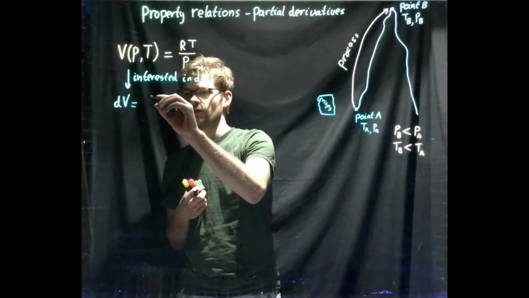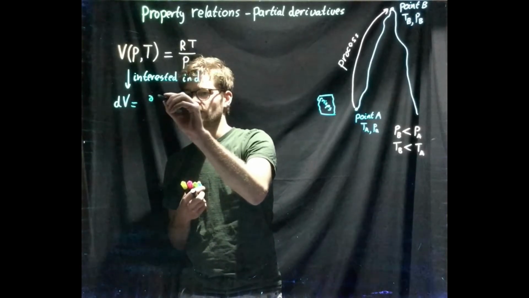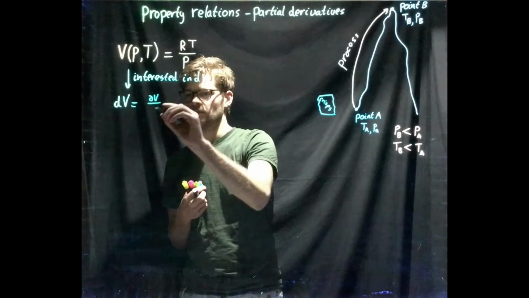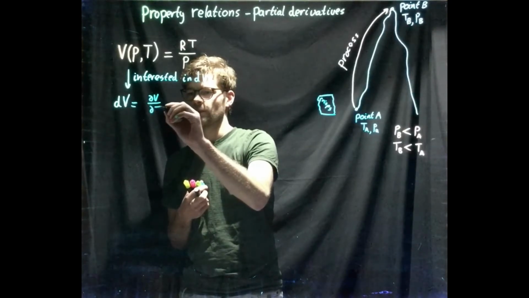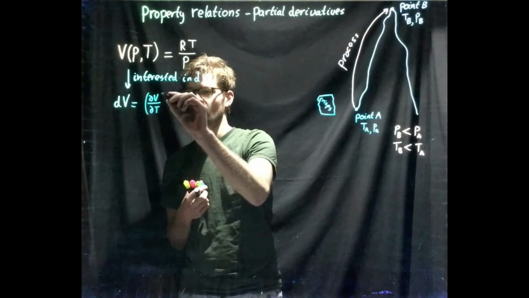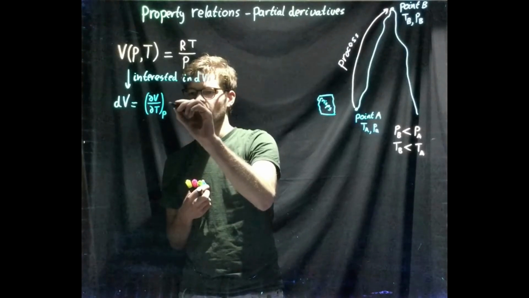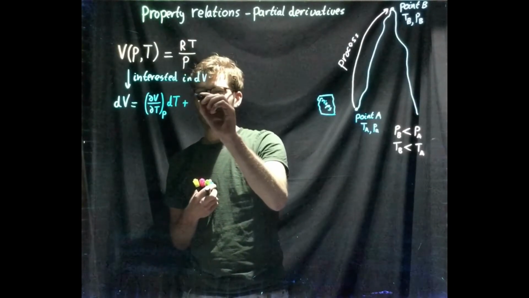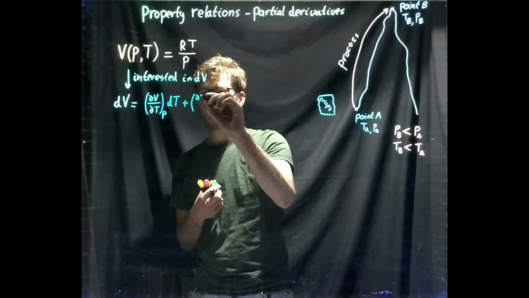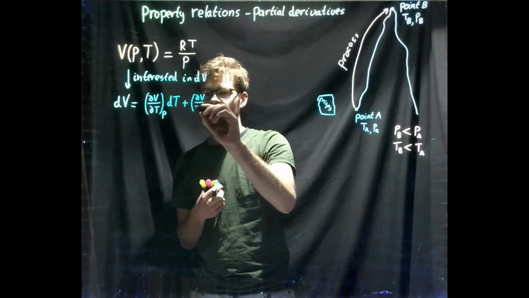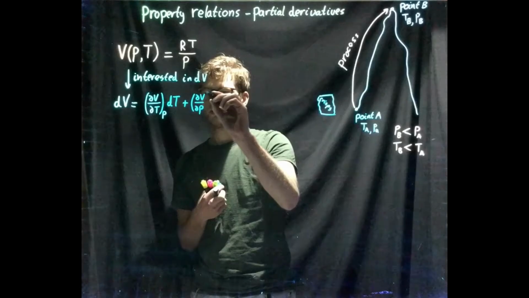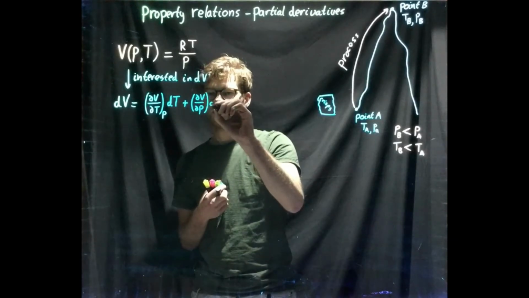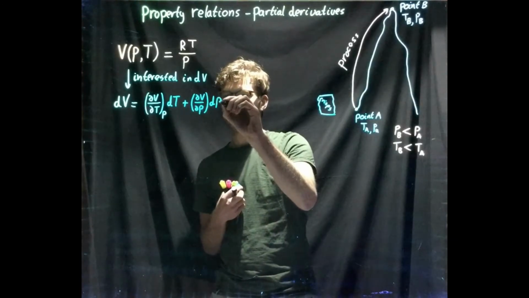dV is equal to the partial derivative of volume with respect to temperature for a fixed pressure multiplied by dT plus the partial derivative dV over dP multiplied by dP.